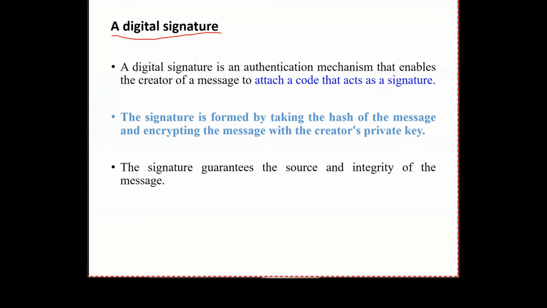The definition of the digital signature is basically an authentication mechanism. When we say authentication mechanism, that means we have to verify the identity of the person as he claimed to be. So if I sign a message digitally for you, you authenticate this by asking, is this Dr. Munder or not?